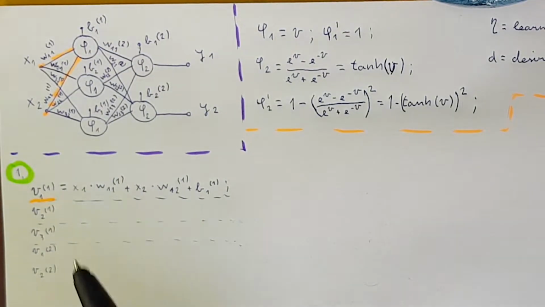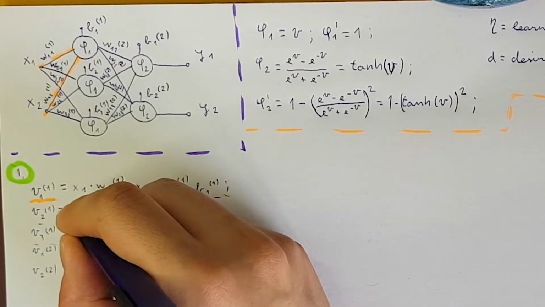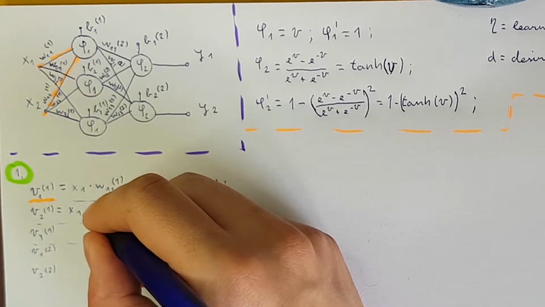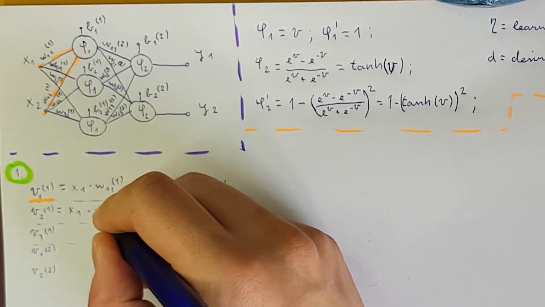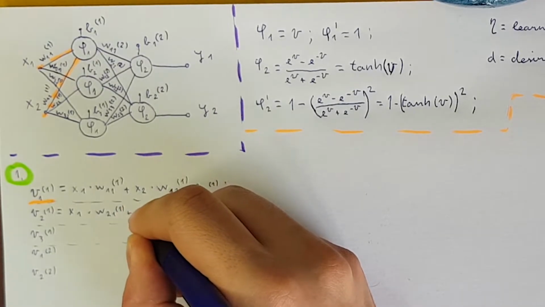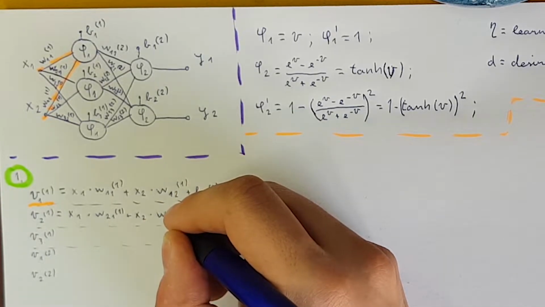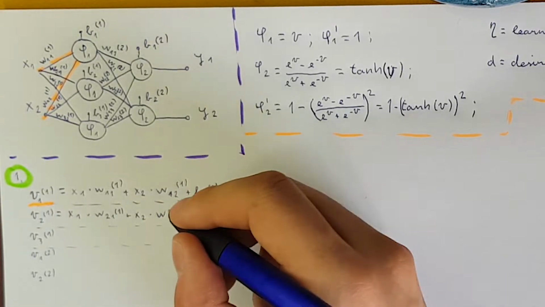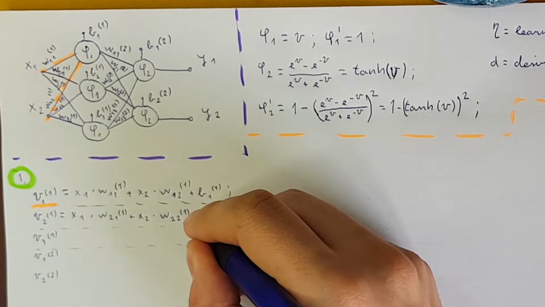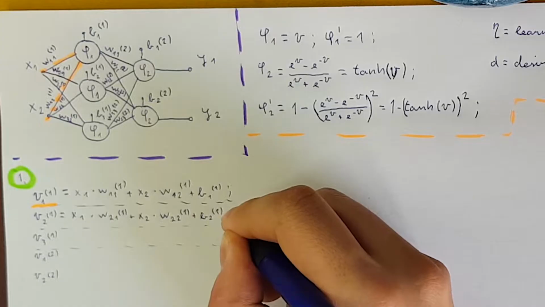So similarly for these 2 neurons also. So we do x1 multiplied by W2,1 of first layer plus x2 multiplied by W2,2 of first layer and add B2 of first layer.